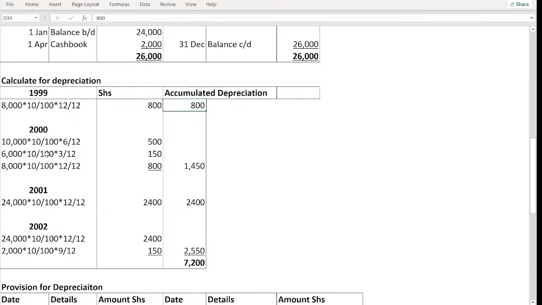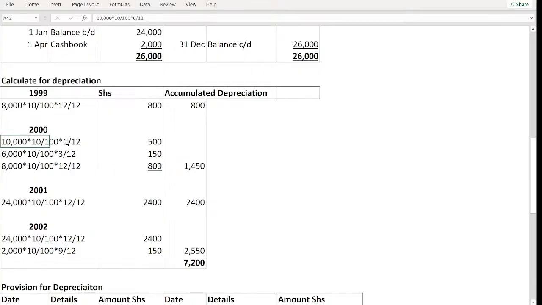The same plant was there in 2000, so we calculate another depreciation for that plant, for 8,000, at 10% for the next 12 months, so it will be 8,000. Then on 1st July we bought 2 plants, 5,000 each, that is 10,000.